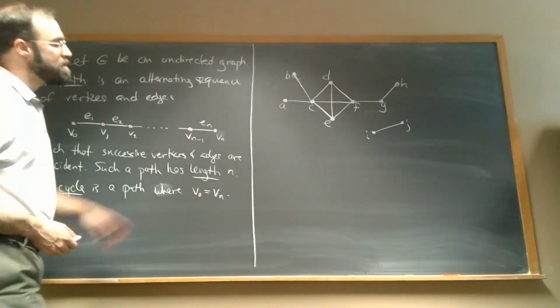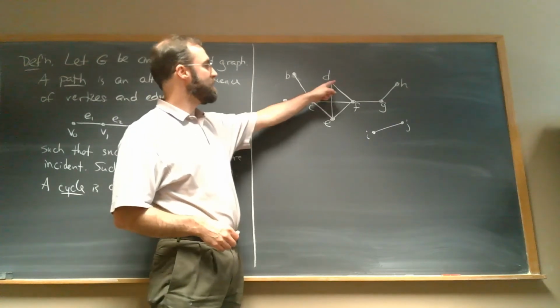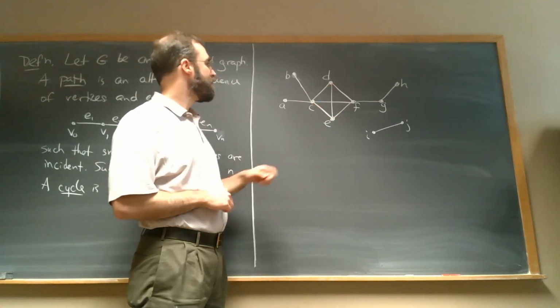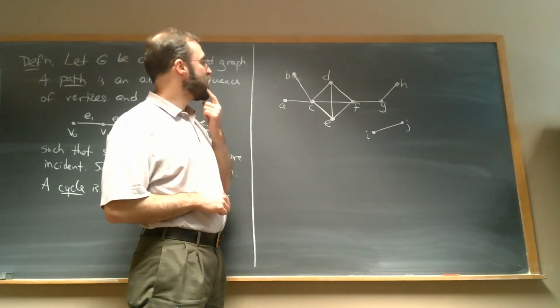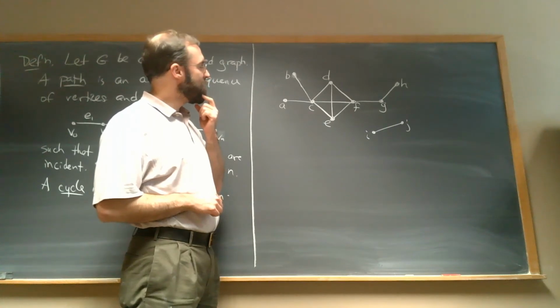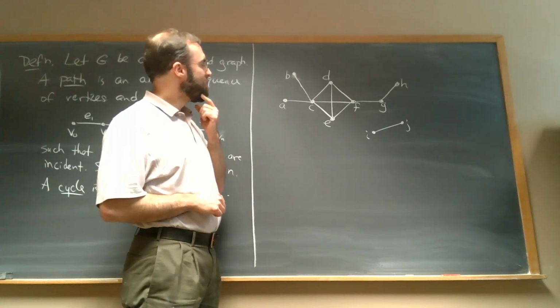All right, so this graph has some cycles. For example, if we go C, D, F, E, and back to C, that's a cycle of length 4. I think there's some other cycles of other lengths, so you might want to see if you can find any cycles of other lengths in here.